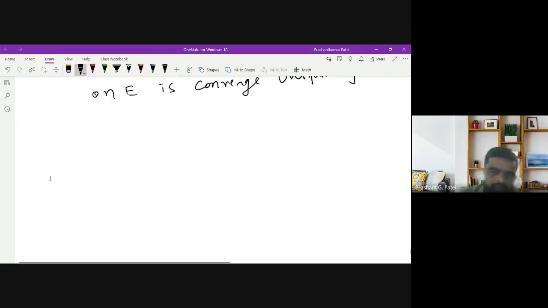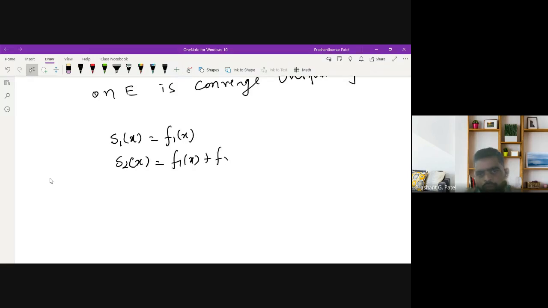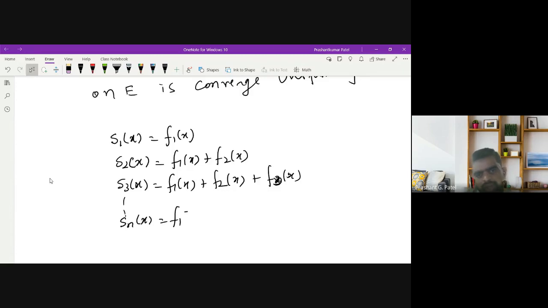S1 is the first term. S2 is the sum of two terms of that sequence. S3 is the sum of three terms, and so on. Sn is the sum of the first n terms. It is called a partial sum of the series.